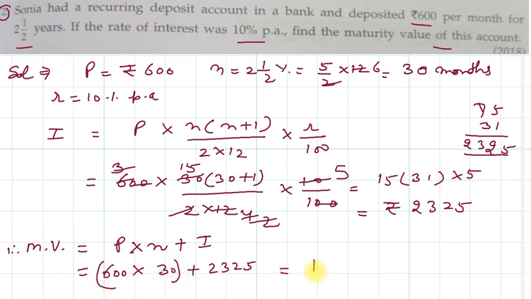So 600 into 30 is 18,000 plus 2325. So our answer would be 18 plus 2 is 20, then 3, 2, 5, right? So our maturity value would be 20,325.